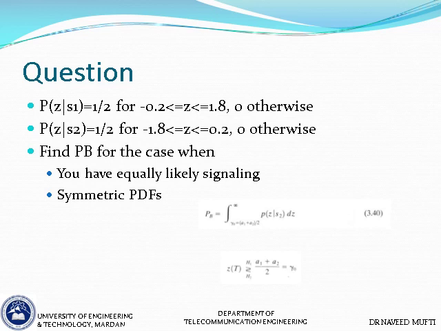If you put the value of gamma naught in this integral here, the lower limit becomes 0 and the upper limit becomes infinity, and that is P of Z given S2 dz. Now looking at this figure, which likelihood curve are you considering based on this equation? You are considering the green one.